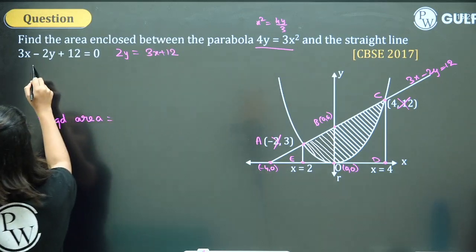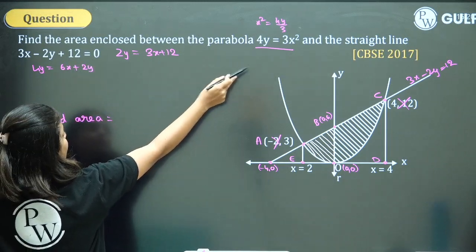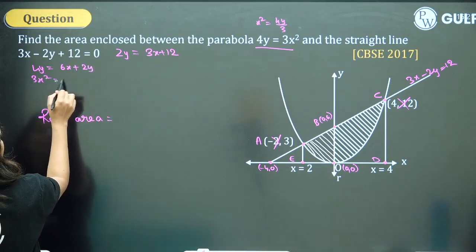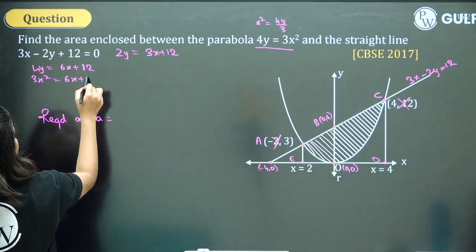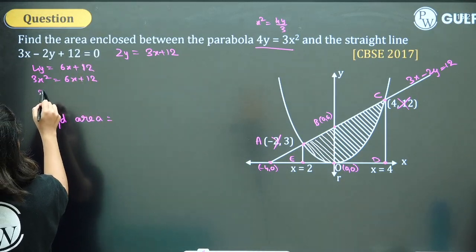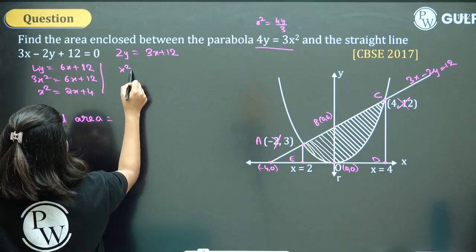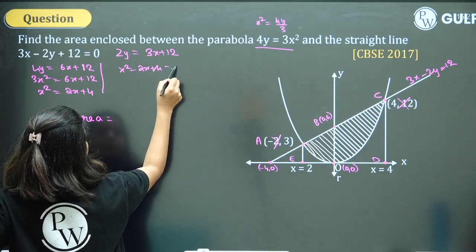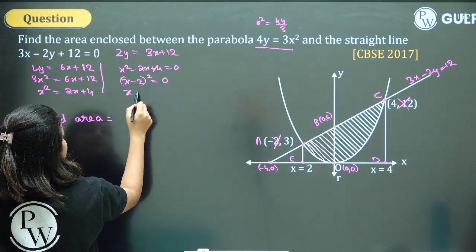That means 4y will be equal to 6x plus 24. What is 4y equal to? 3x square is equal to 6x plus 12. Divide by 3. X square is equal to 2x plus 4. Or x square minus 2x plus 4 equal to 0. X minus 2 the whole square equal to 0. That is x is equal to 2.